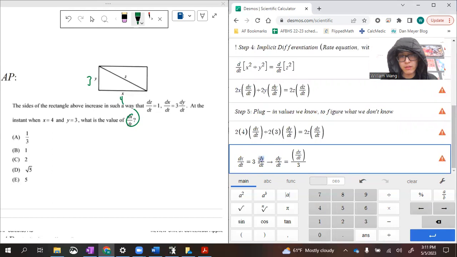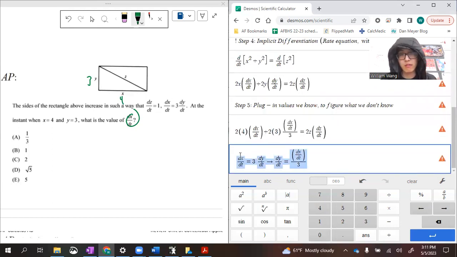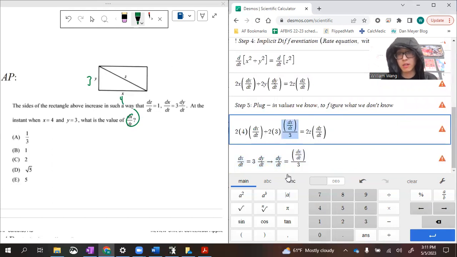If I were to solve for dy over dt, it's equal to dx over dt divided by 3. And that's probably useful because I'm trying to solve for dx over dt. So me getting rid of dy over dt, so I can find it in terms of dx over dt, that's probably valuable. So I'm actually going to paste it there. Instead of dy over dt, I have dx over dt divided by 3 because they are equal to each other.